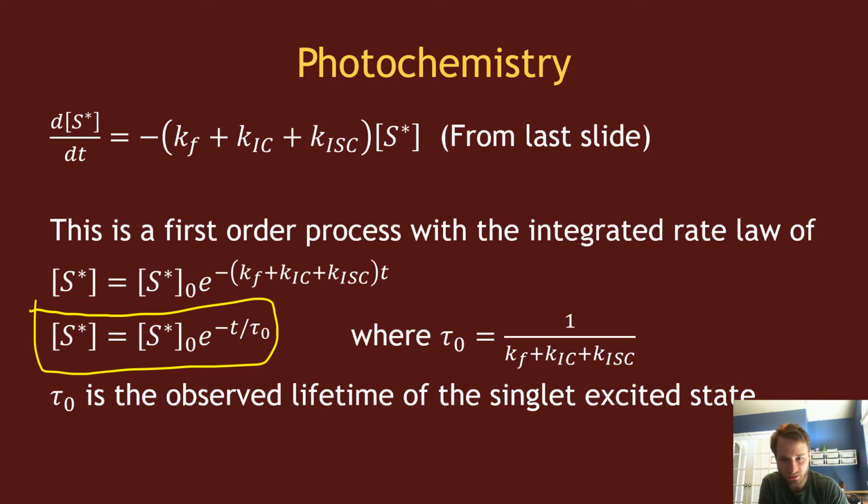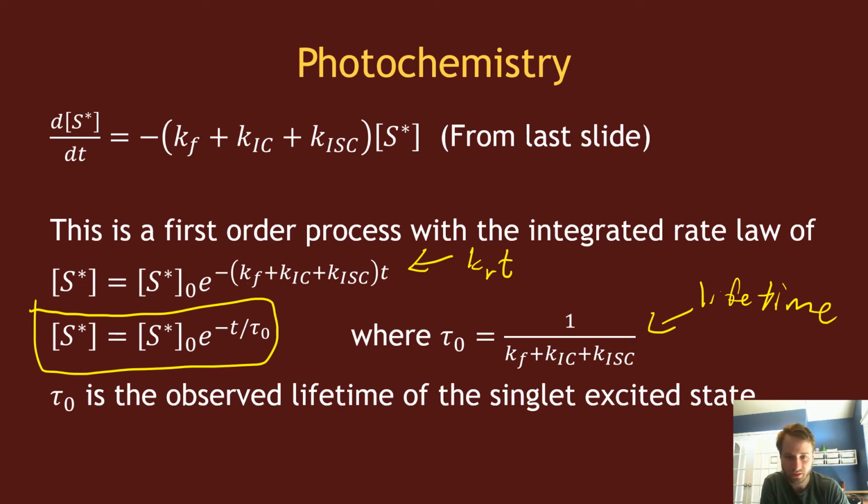This is referred to as the lifetime. We often use this in photochemistry to talk about lifetime. It's 1 over the sum of the rate constants. The form we're used to seeing here is k_r times t, where k_r is the effective rate constant of the reaction. k_r in this case is k_f plus k_ic plus k_isc.